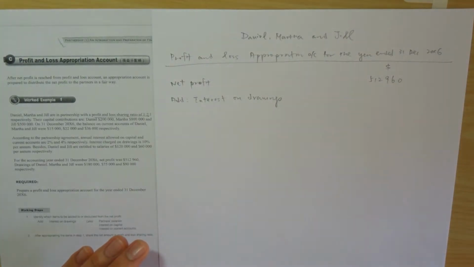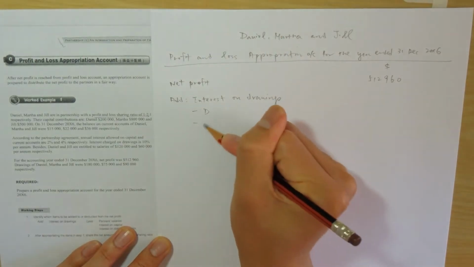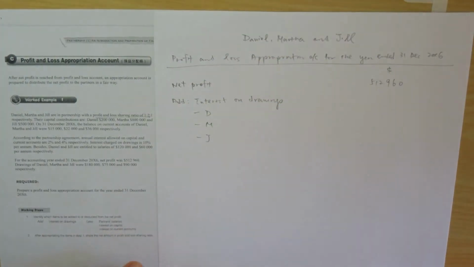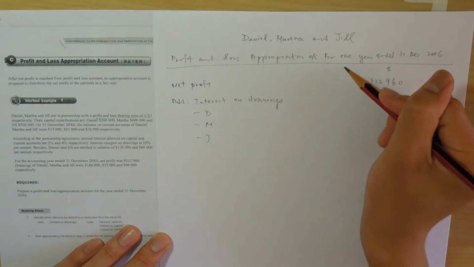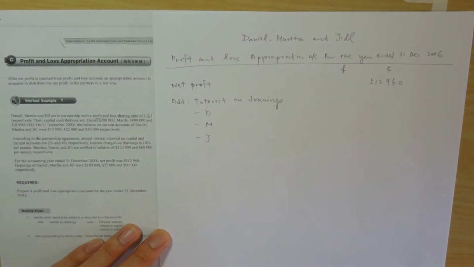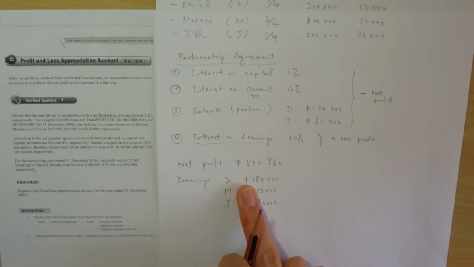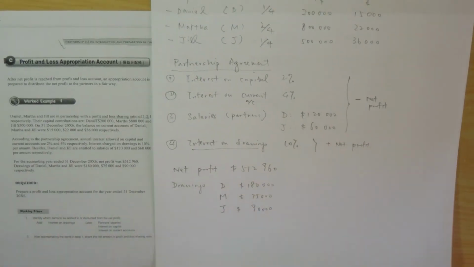For the interest on drawings, we have Daniel, Martha, and then Jill. So for Daniel, the drawings is based on here, 180,000 times 10%, and then the others also times 10%.